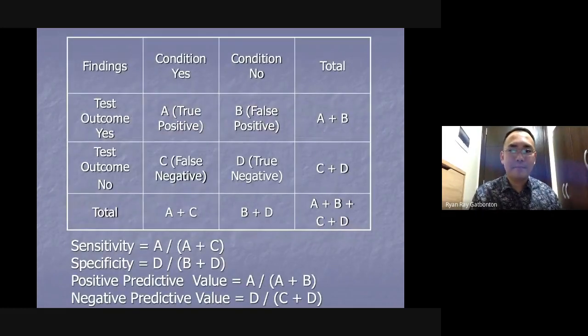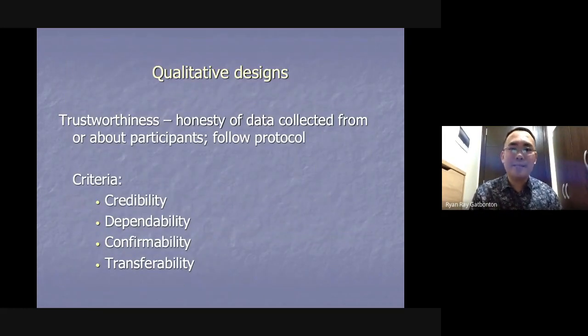Okay? In qualitative designs, iba naman ang usapan sa validity and reliability. In qualitative designs or researches, the main concept that we should always take note of is yung tinatawag na trustworthiness, or the honesty of data collected from our participants, or by following protocols.